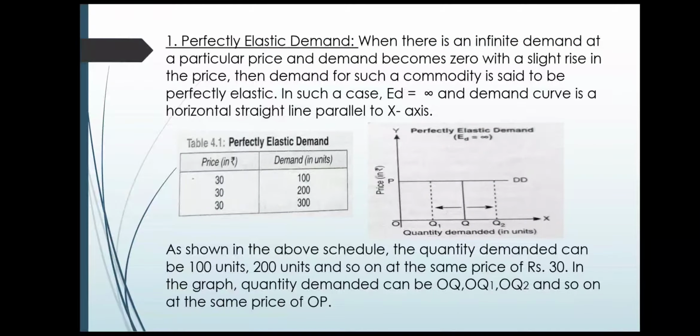So there are various degrees of elasticity that we need to study, and the first one is perfectly elastic demand. When there is an infinite demand at a particular price and demand becomes zero with a slight rise in price, then demand for such a commodity is said to be perfectly elastic.